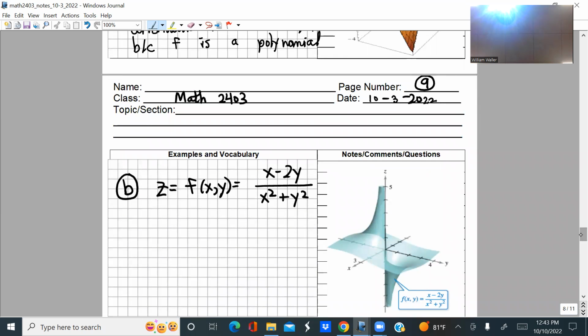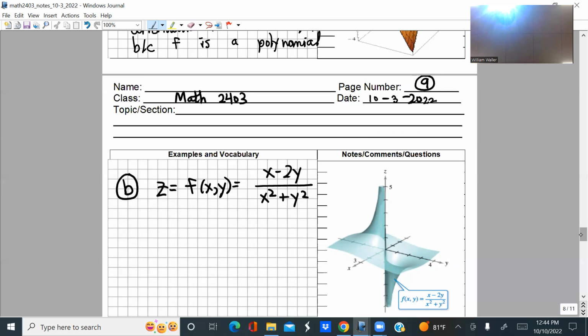This is a rational function because the top is a polynomial and the bottom is a polynomial. So you're just taking the quotient of polynomials. So that is also continuous everywhere in its domain, but unfortunately the domain is not everything. What's missing from the domain? 0, 0. X and Y cannot both be 0 simultaneously, right? Because then you'll be dividing by 0 in your function.